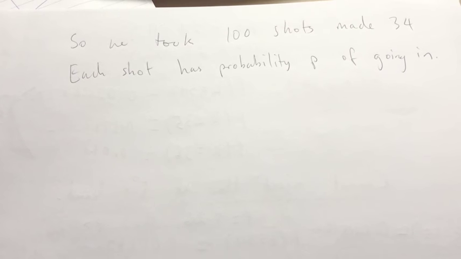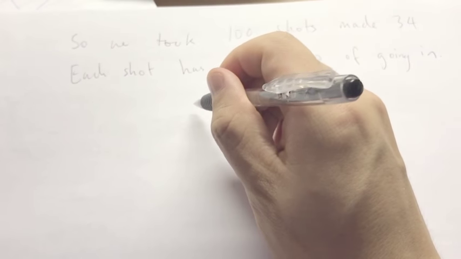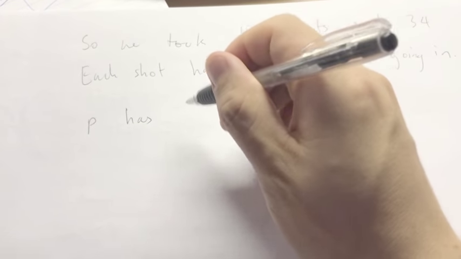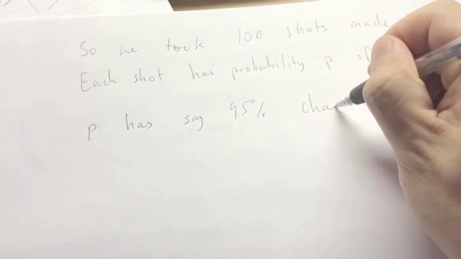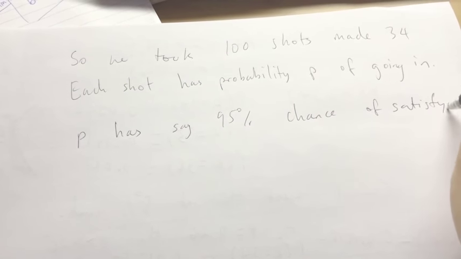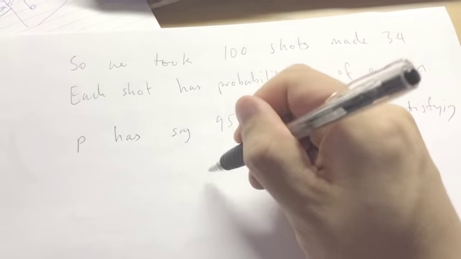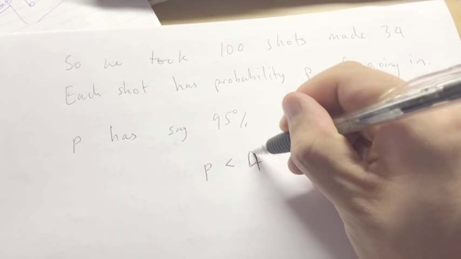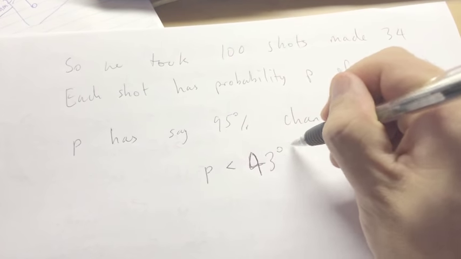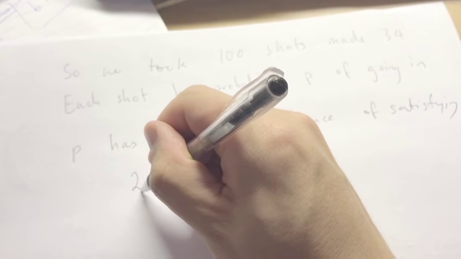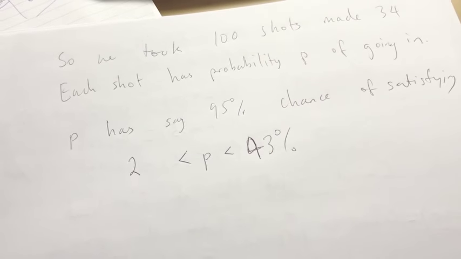So we want to say something like P has, say, 95% chance of satisfying P is between 43% and 26%.